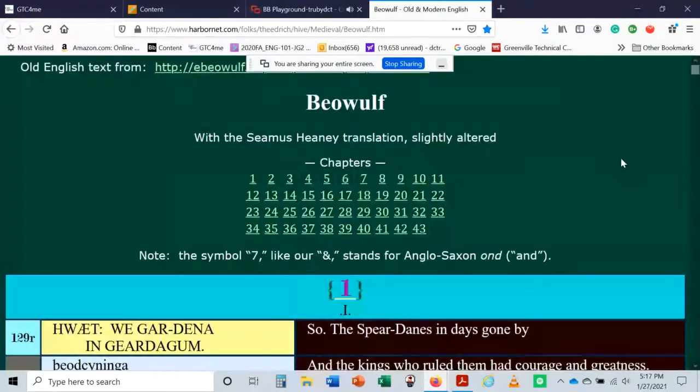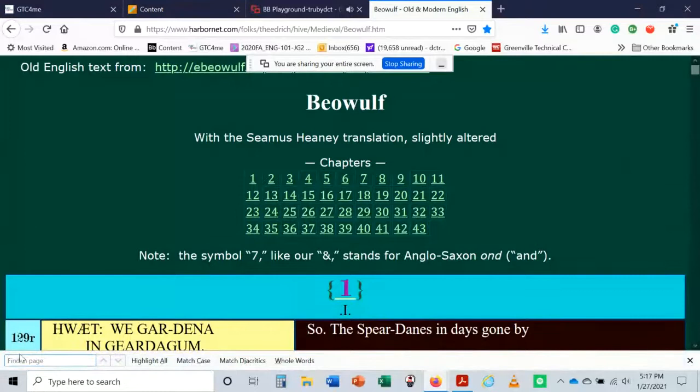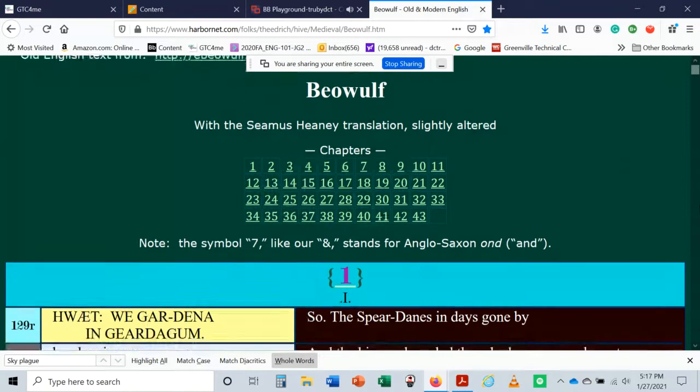And the nice thing about this is if I do a search, Control F or Command F if you're using an Apple computer, I can put Sky Plague in, and it's supposed to work. I didn't choose a great example. Oh, I need to match whole words.